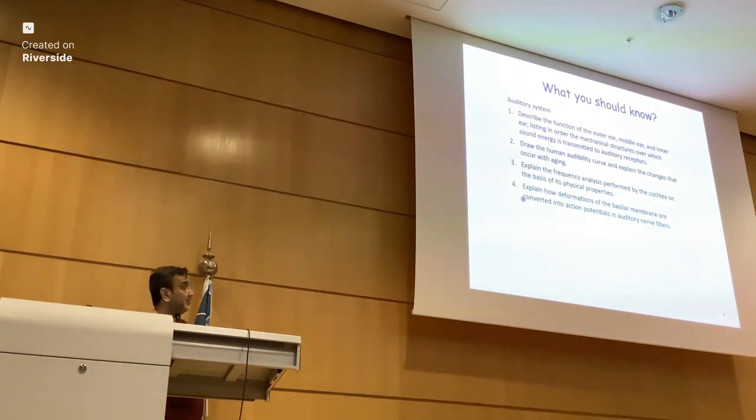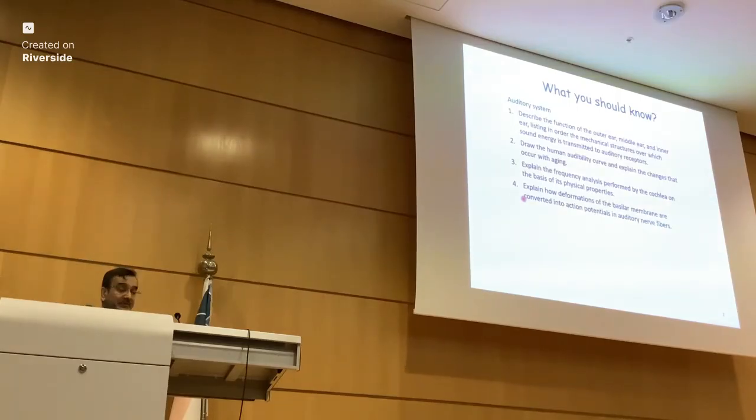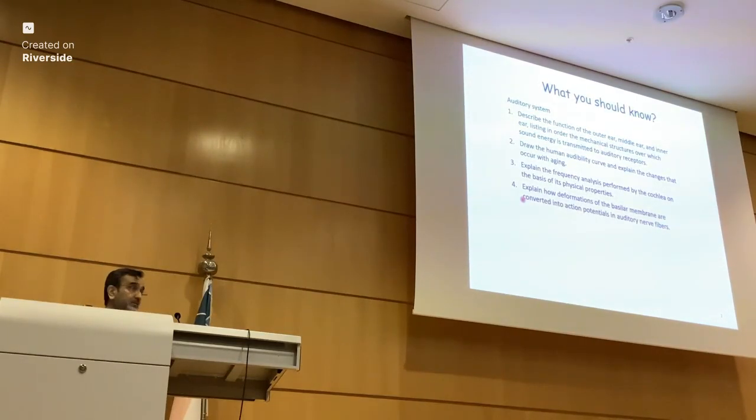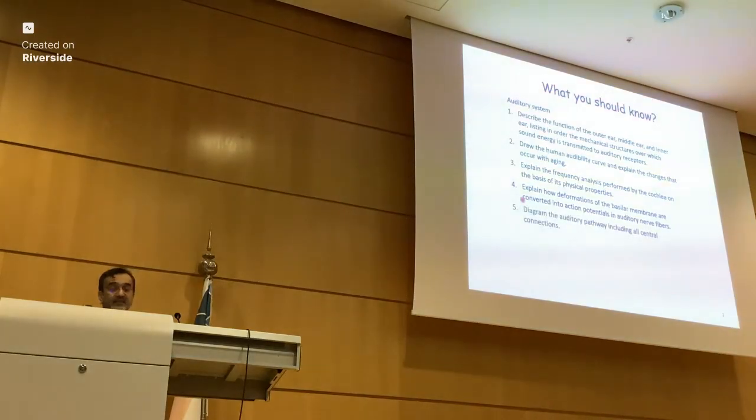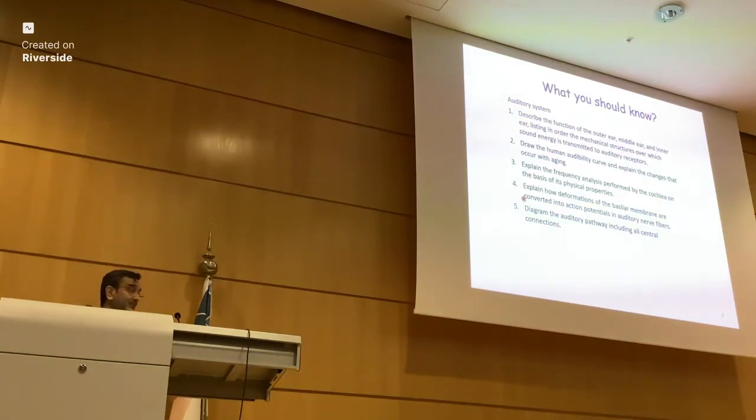How is the cochlea able to identify the frequency of different sounds? We are also going to talk about the action potentials generated in the hair cells, and the mechanisms. We will do a detailed auditory pathway.